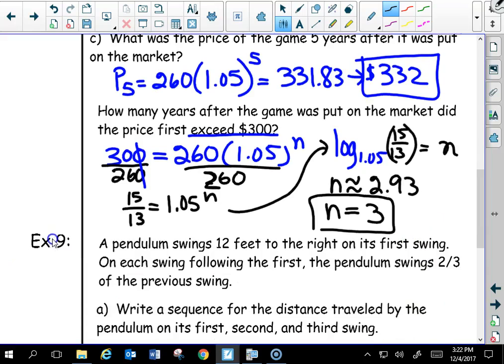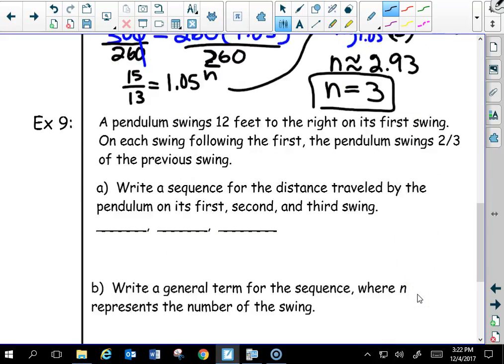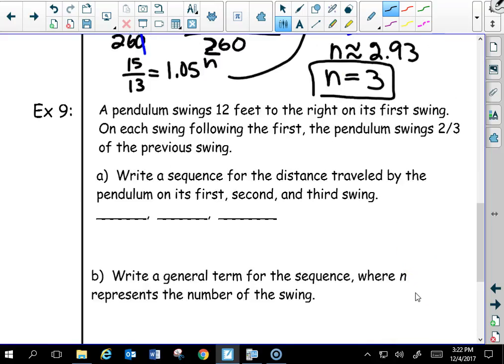Okay, on example 9, we've got a pendulum that swings 12 feet to the right on the first swing, and on each swing following the first, the pendulum swings 2/3 of the previous swing. Write a sequence for the distance traveled by the pendulum on its first, second, and third swing. Well, they told us that it swung 12 feet on the first.